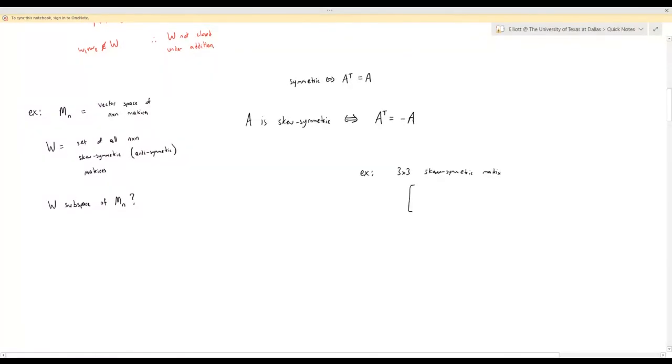You guys have seen that for a matrix to be symmetric, it has to be symmetric across the diagonal.